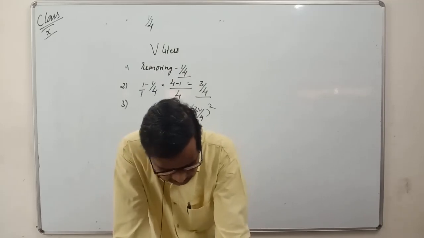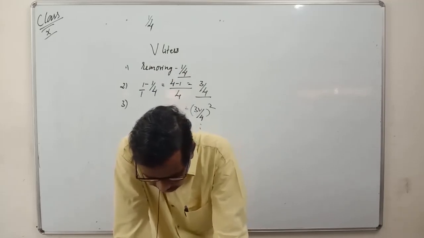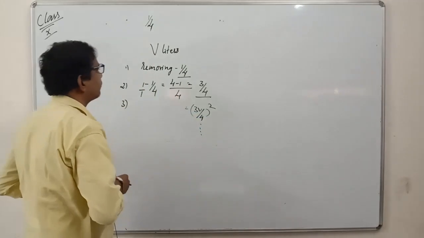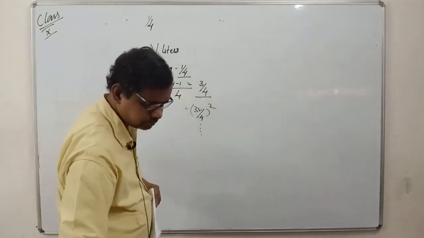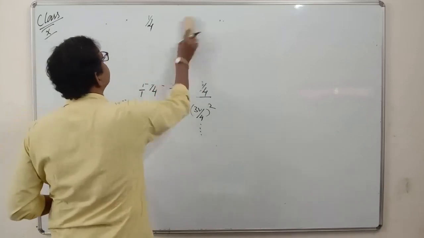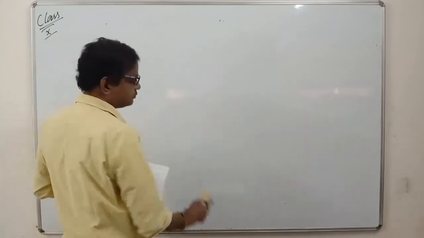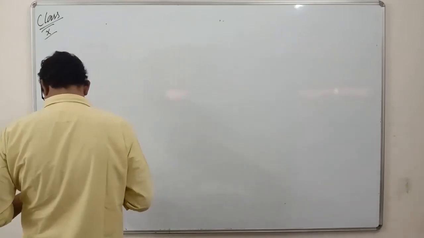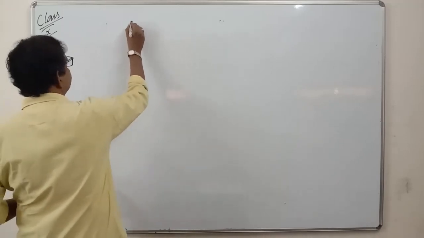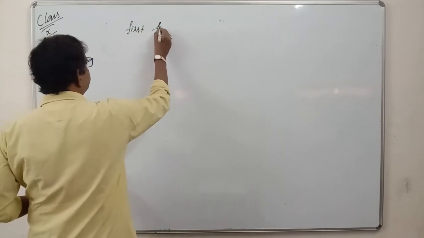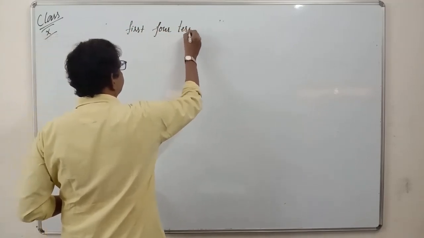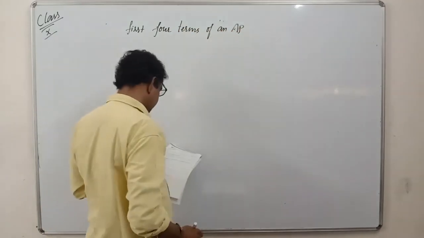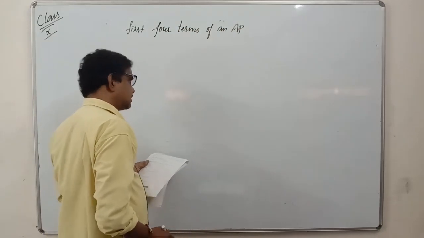So if you go for the second one, write the first 4 terms of an AP when the first term and common difference are given.